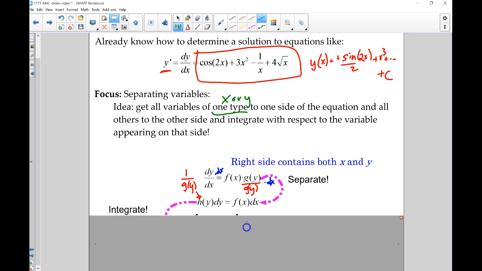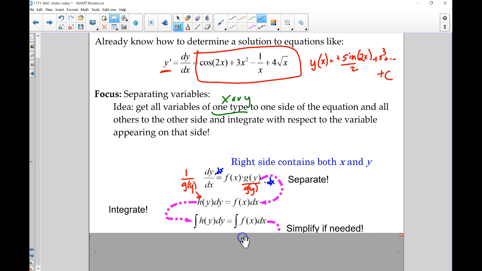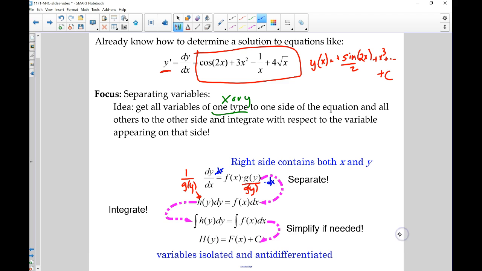Then I would integrate each side, and I get out the antiderivative of little h, which is big H, the antiderivative of little f, which is big F, and then the constant from integration. So here the variables would be isolated and antidifferentiated, and I would have my solution. Those are the four steps in theory, so let's do it in practice.